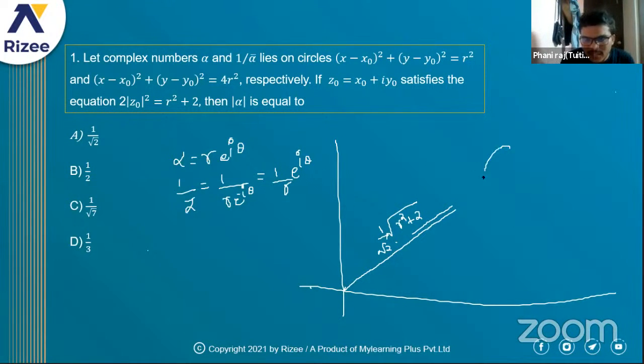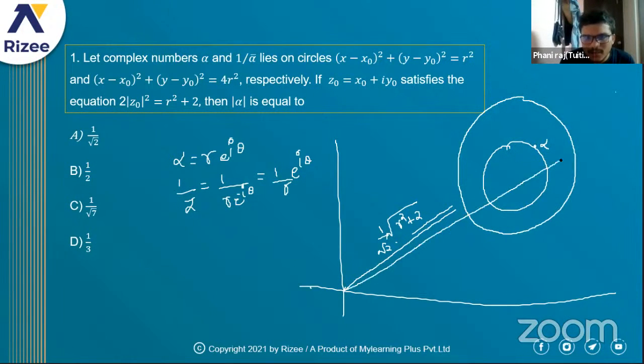So firstly, this is a circle where alpha lies here. This is an even bigger circle. Let us put this is alpha, this is 1 by alpha bar, and this is z0. So let's just join these.